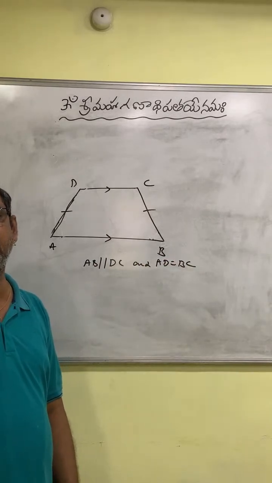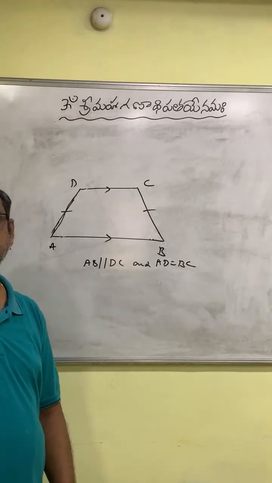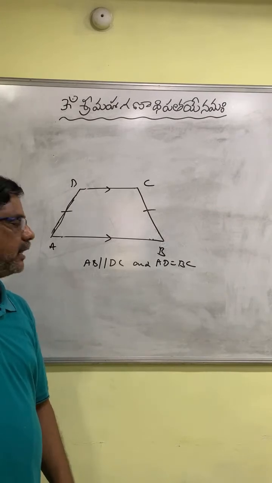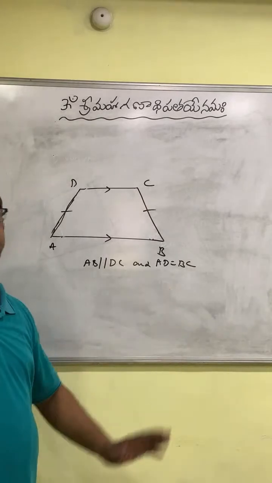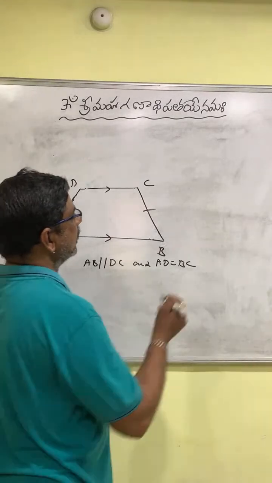Such a quadrilateral is called an isosceles trapezium. Okay? Understand, children? A quadrilateral in which one pair of opposite sides are parallel and the other pair is equal. You can draw a trapezium like this also.